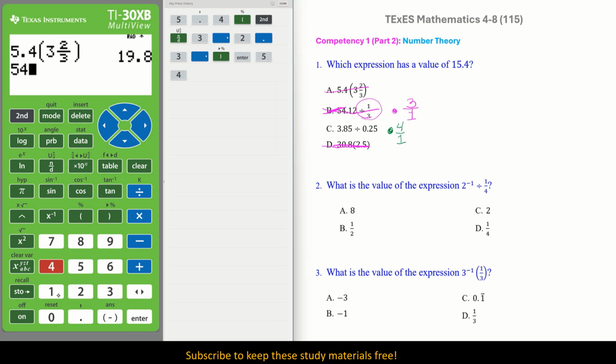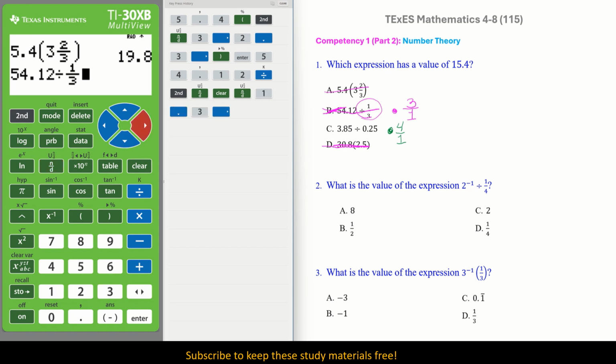That's 54.12, divide, and then just fractions, divide 1/3.